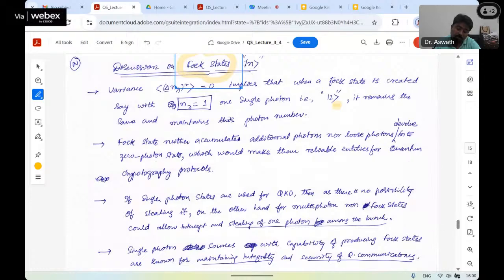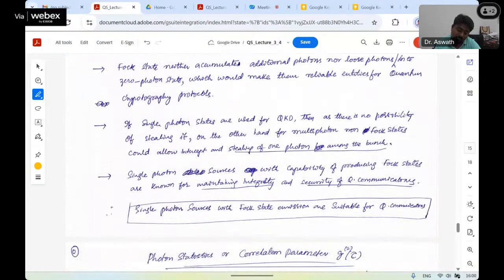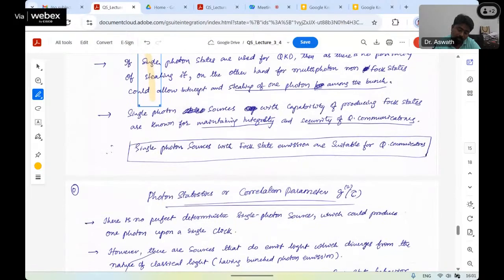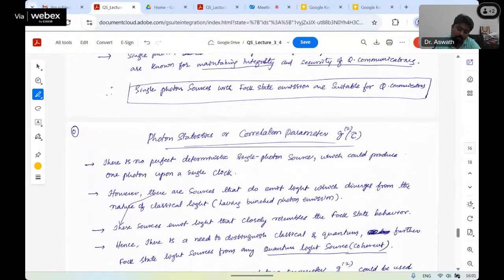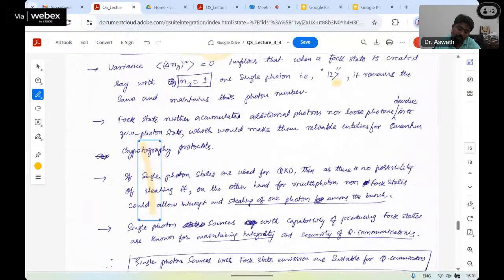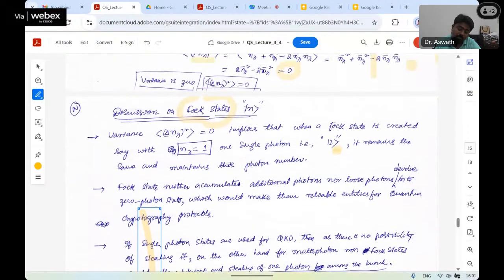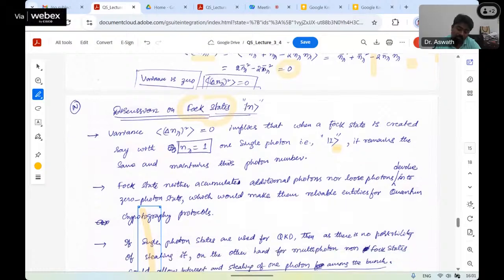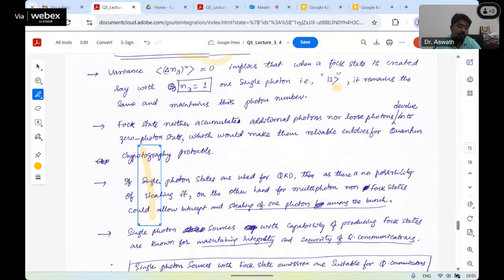So that is what we had discussed so far. In the next class, we will discuss a little bit about photon statistics and the correlation parameter, which describes whether a photon source emits single photons or bunches of photons. That we will discuss with whatever information we gathered today.